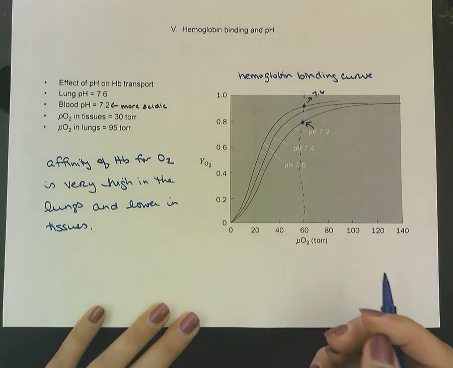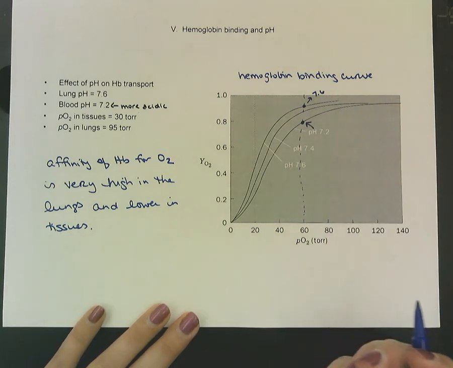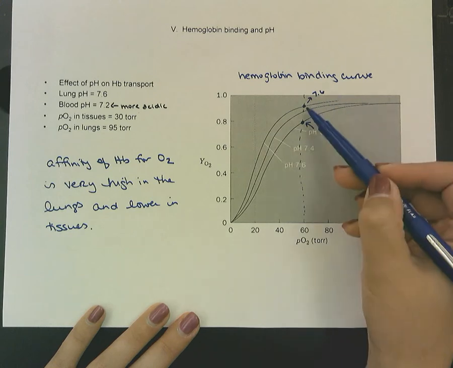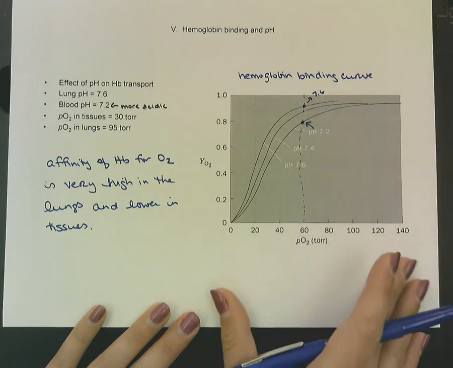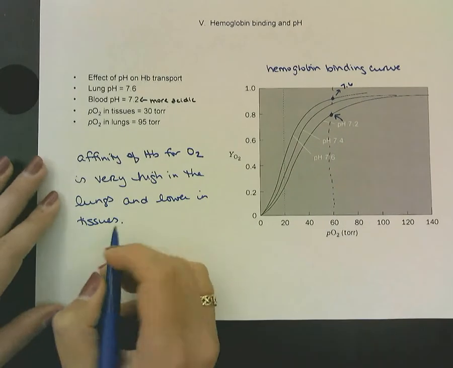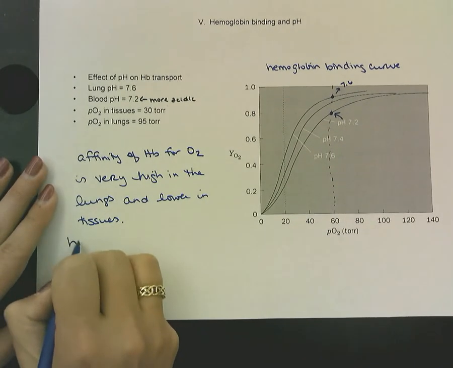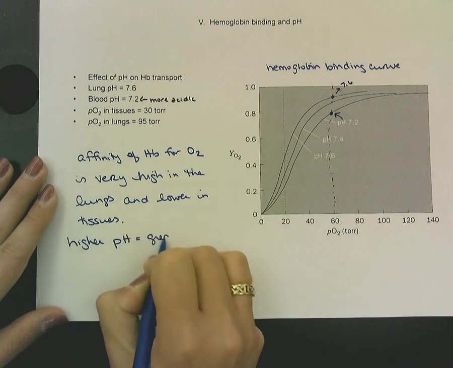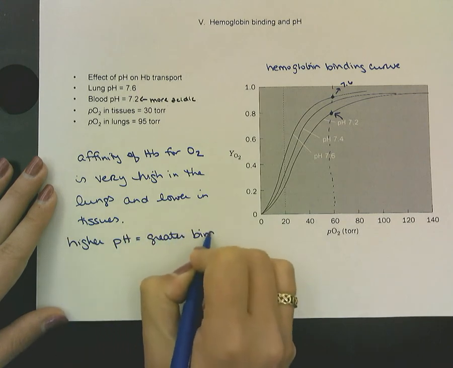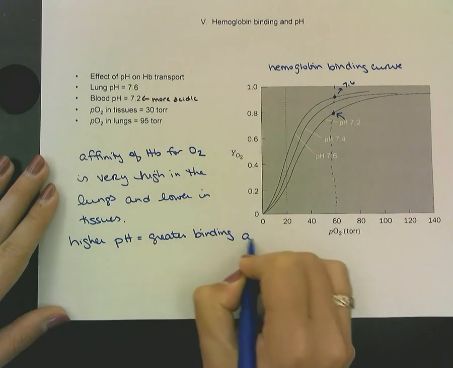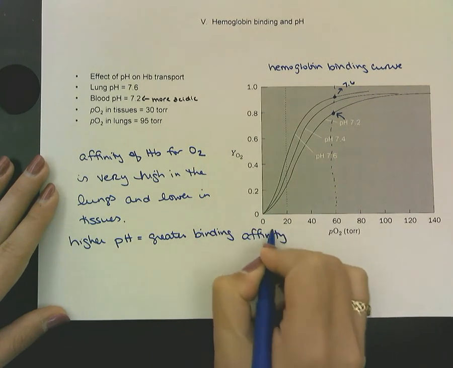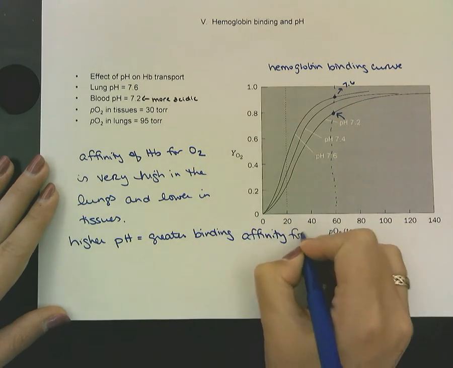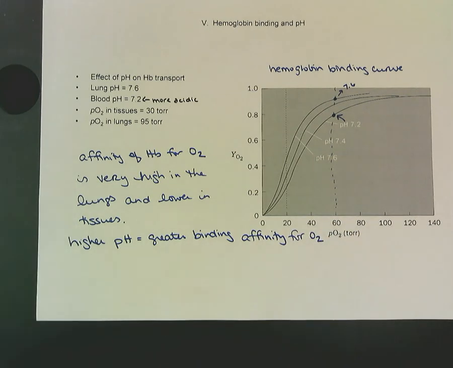So at the same pressure, imagining that your whole body's at one pressure, higher pH means higher binding affinity, so less acidic. So higher pH, greater binding affinity for oxygen.